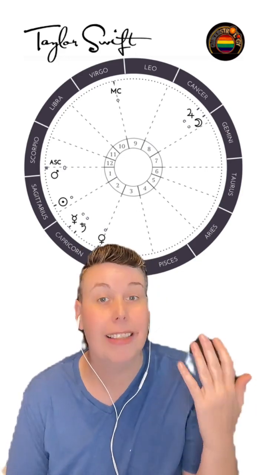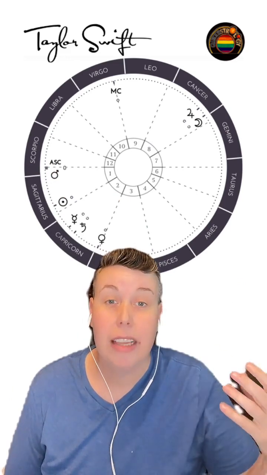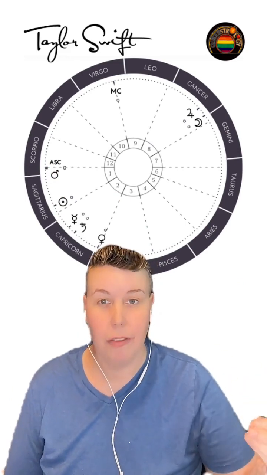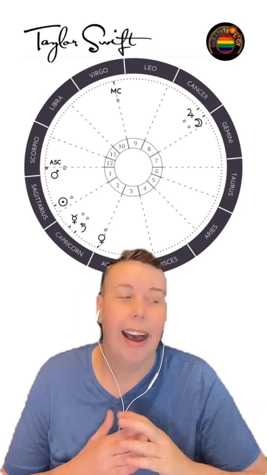Now, a lot of people think that their sun sign is the ruler of their chart. The sun sign is represented by this glyph right here. But really, it's what your rising sign is. So for Taylor, she's actually ruled by the planet Pluto. And Pluto is about transformation.